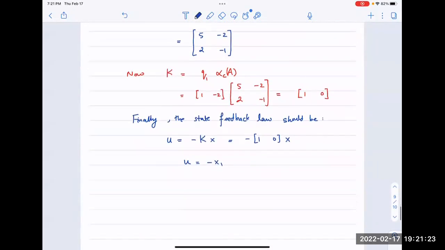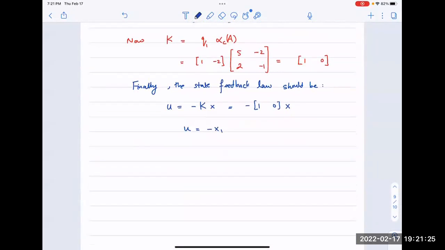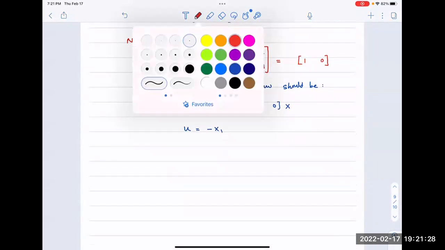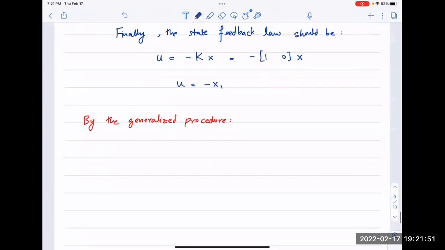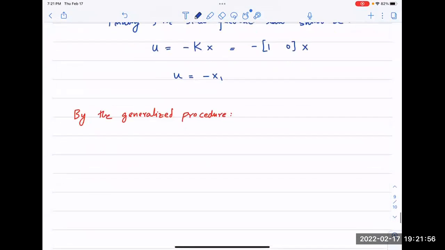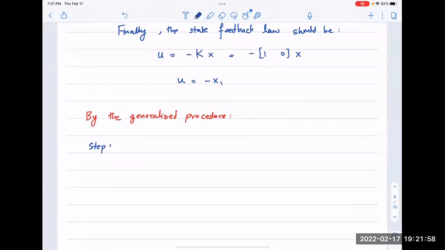Just to make sure this is exactly the gain which would be found otherwise, we can also do the second approach, and let's call that the generalized procedure. In the generalized procedure, we have to do step 1, which is the canonical form.